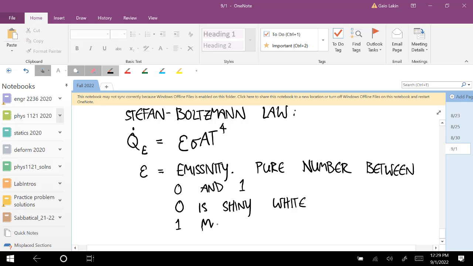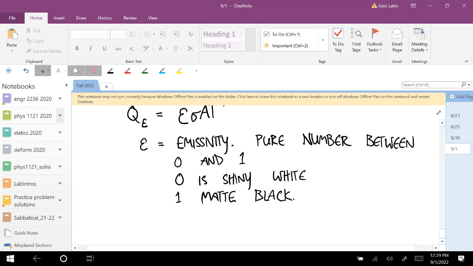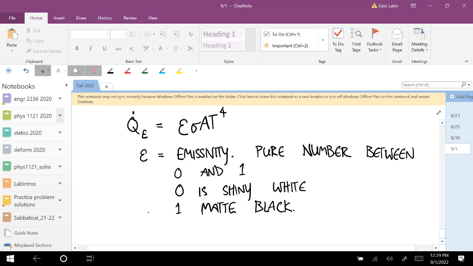And 1 is matte black. So we're talking about radiation being emitted, but you know from experience what you wear in the summer, this is likely related to absorption of radiation too, because you know that if you wear matte black clothes in the hot sun, you get a lot more radiation from the sun absorbed.